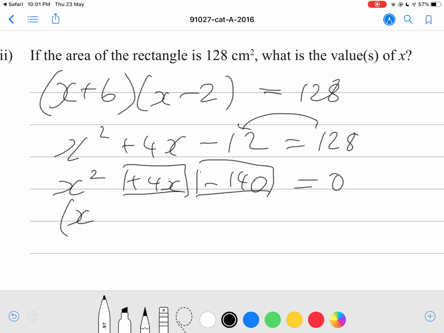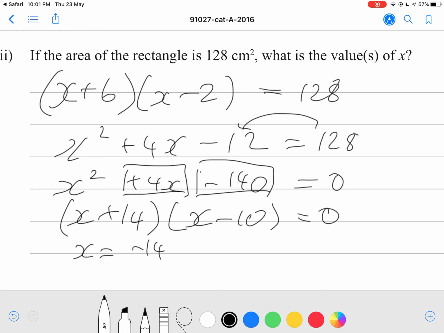Yeah, that should be right. So x plus 14 or x minus 10 equals 0. Okay, so x equals negative 14 or x equals 10.